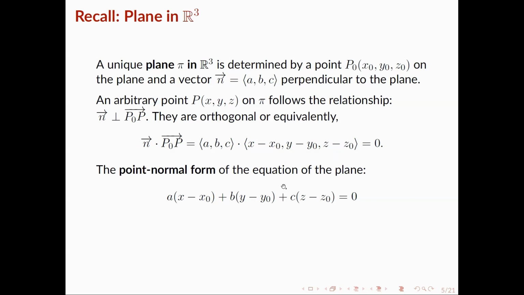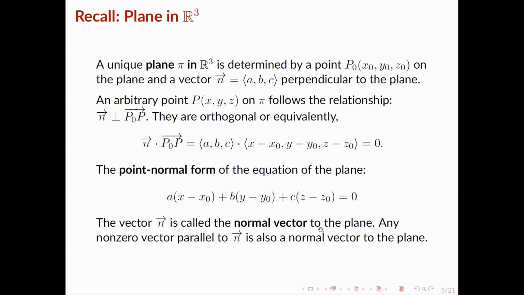And therefore, we have the point-normal form of the equation of the plane given by this. The vector n is called the normal vector to the plane. Any non-zero vector parallel to n is also a normal vector to the plane.